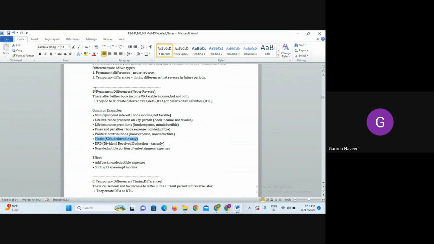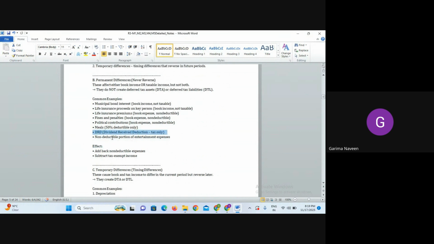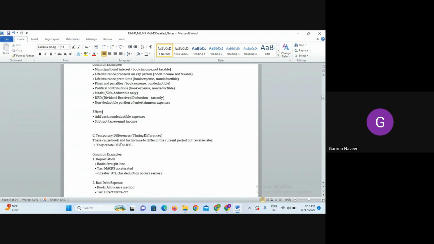Okay, so these are some of the permanent differences, like DRD. We will talk about DRD in later slides. DRD is a special kind of deduction given to a C corporation. It is also a permanent difference because it is only given for tax purposes, not for book purposes. Clear?